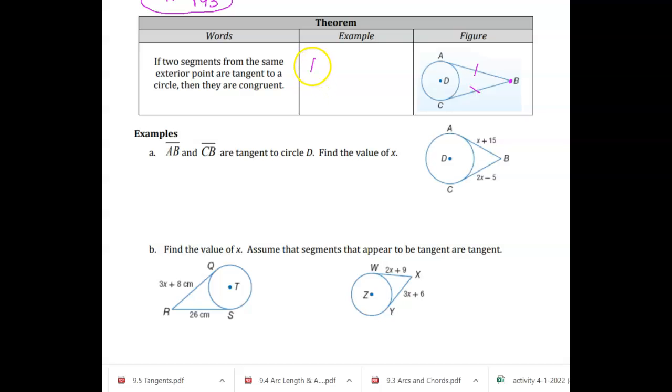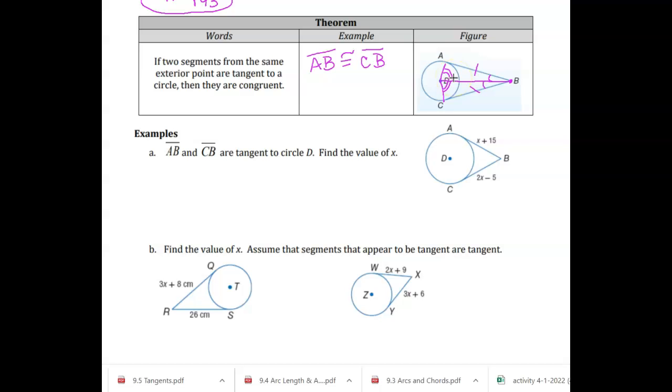So we know that AB is congruent to CB, the length. There are also some other corollaries to this. If I draw in the length BD, these two angles are equal, as well as if we draw in the radii, these two angles are equal. So there are a lot of different corollaries from this one idea.